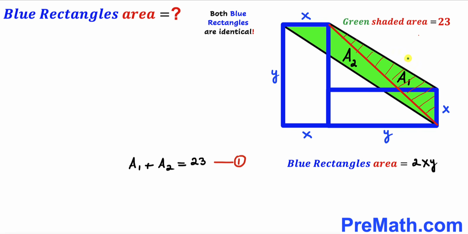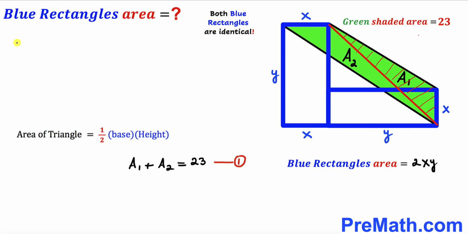Now let's focus on this top right triangle whose area is A sub 1. Let's recall the area of a triangle formula. Area is always equal to a half times base times the height of the triangle. In our case, the base of this triangle is x and the height is y.